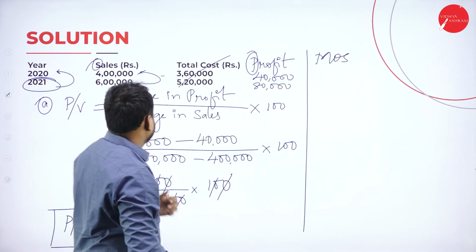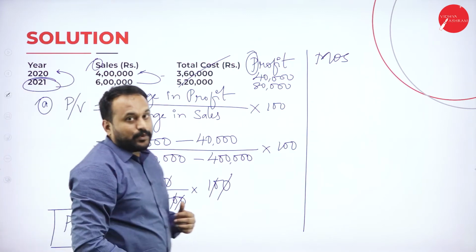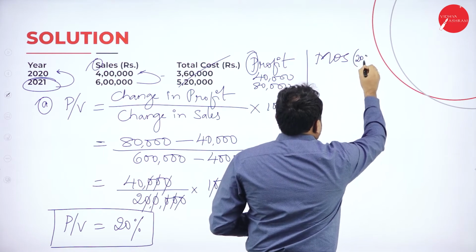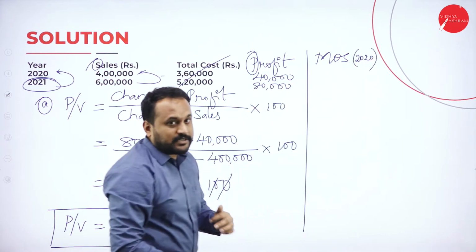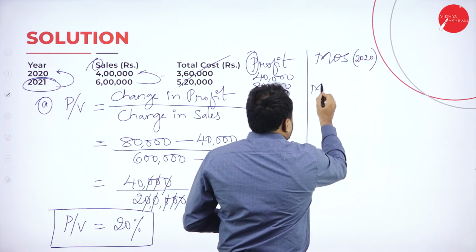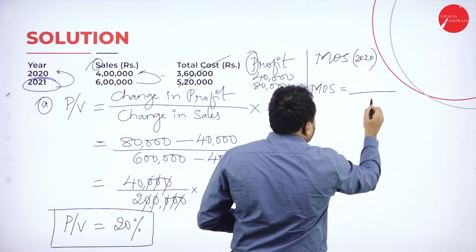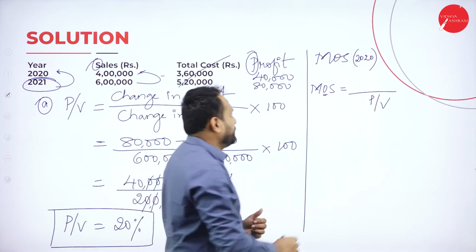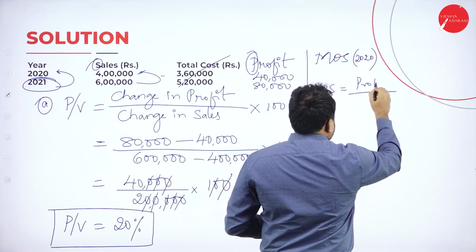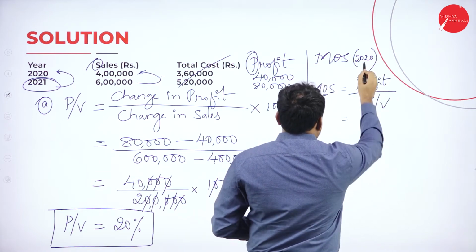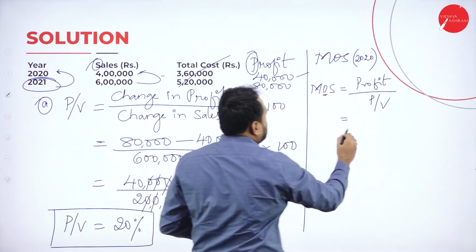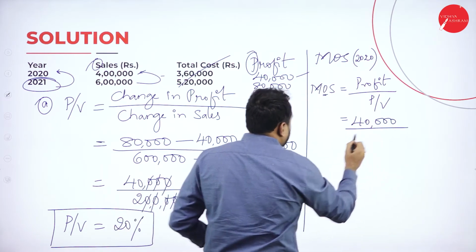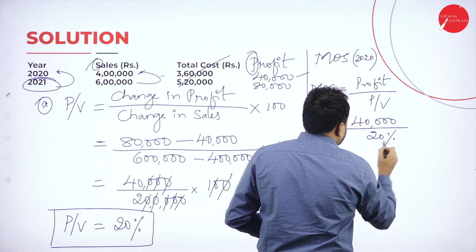So MOS I'll write. Now we are supposed to go with 2021 and 2020. So MOS for 2020. So what is the formula of MOS? MOS is equal to profit divided by PV. After O, what will come? P. P in the sense profit. So this is how you will remember. So 2020, what is my profit? 40,000. So 40,000 divided by PV, how much? 20% is equal to.